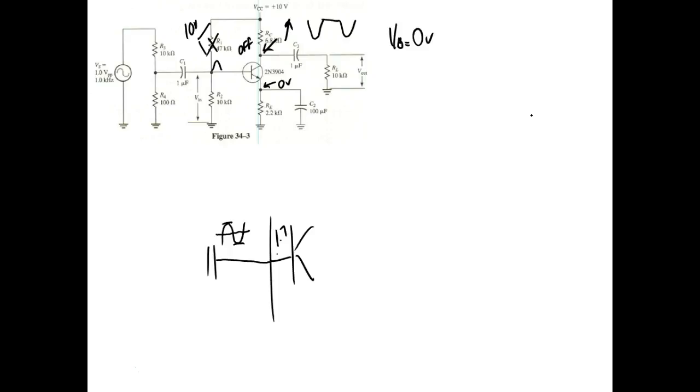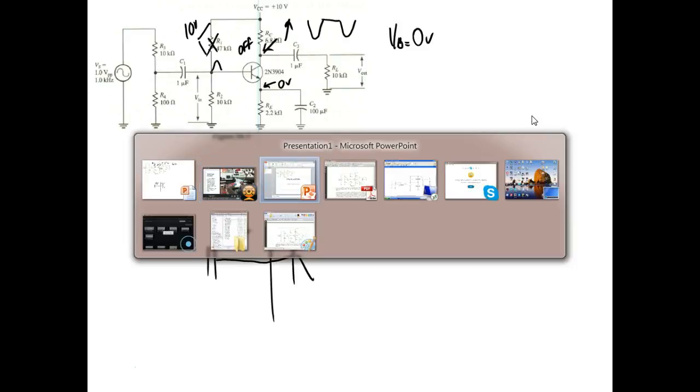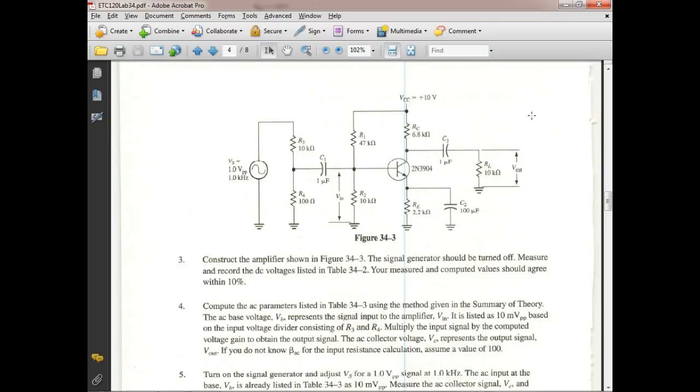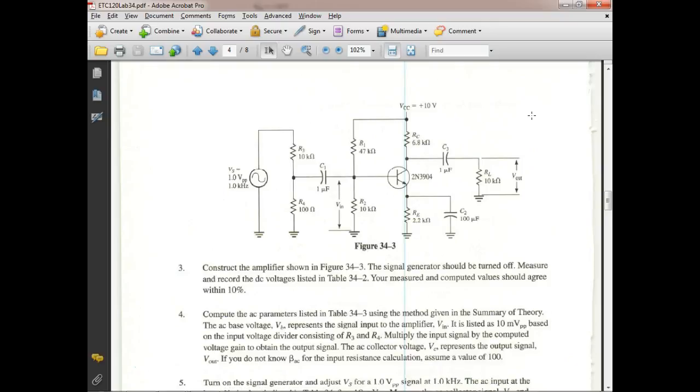So what's the next thing the lab wants us to do? We're going to move what resistor? Okay, so I've got it back in there.